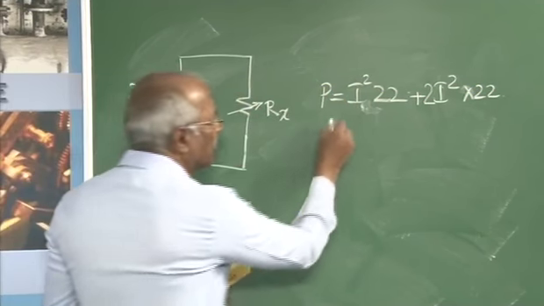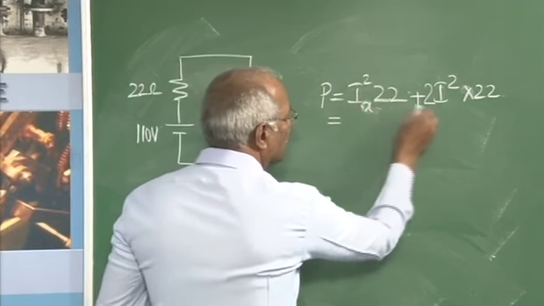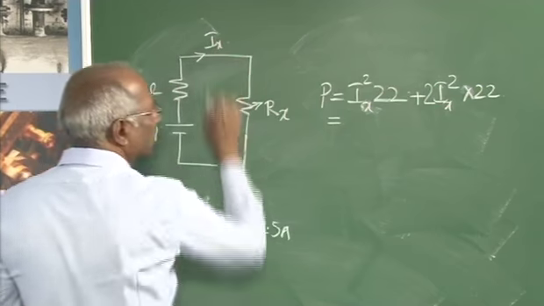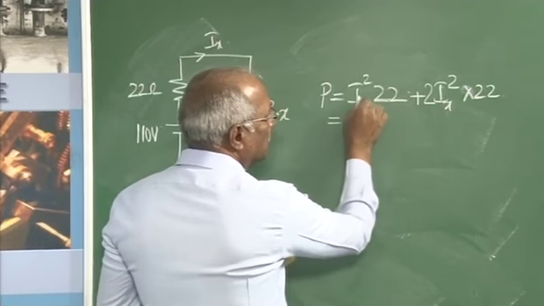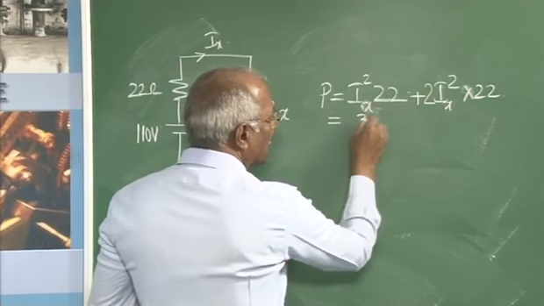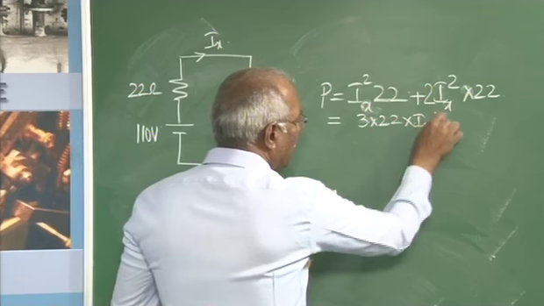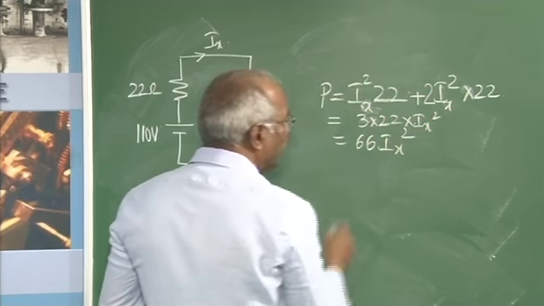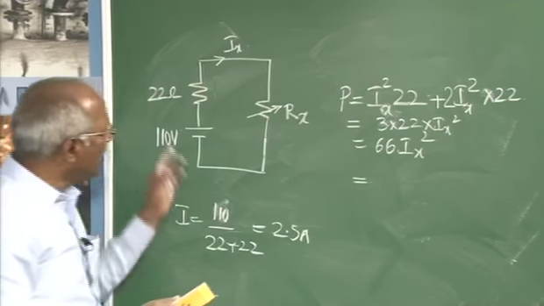If I write the current as Ix, this will be Ix. So, this is 1 and this is 2, which comes to 3 into 22 into Ix square, or you can write this as 66 Ix square. This will also be equal to the total power.